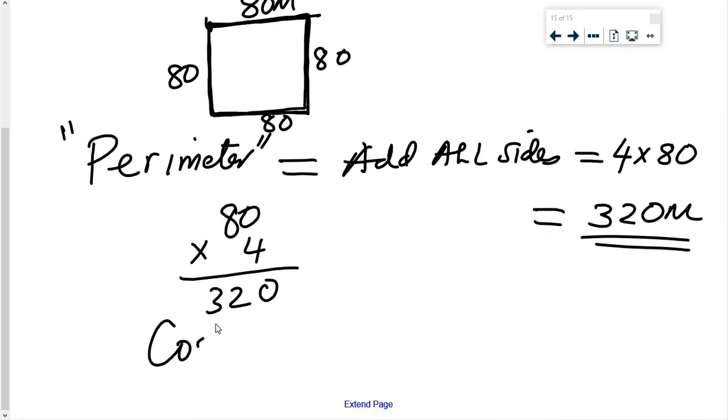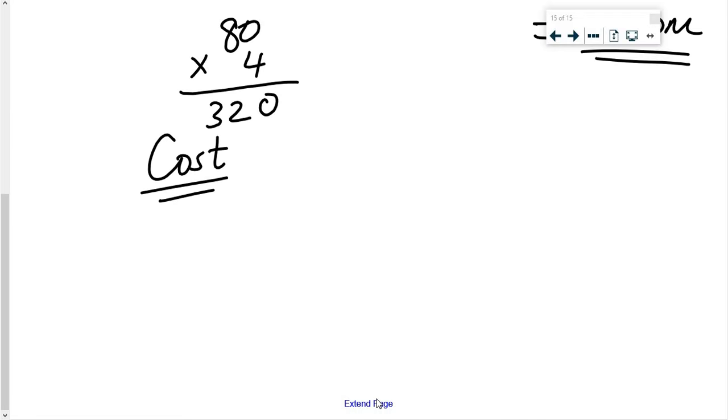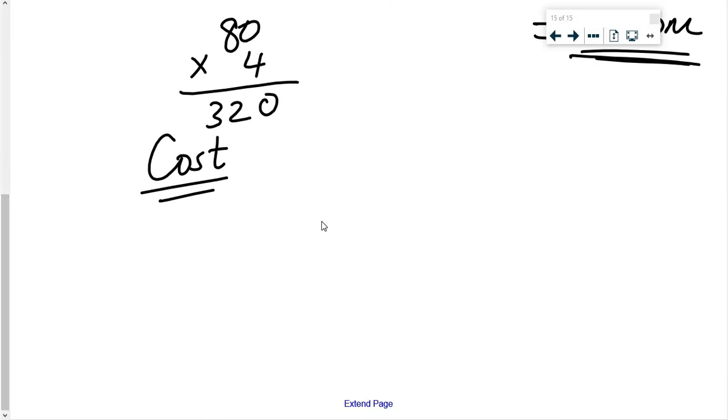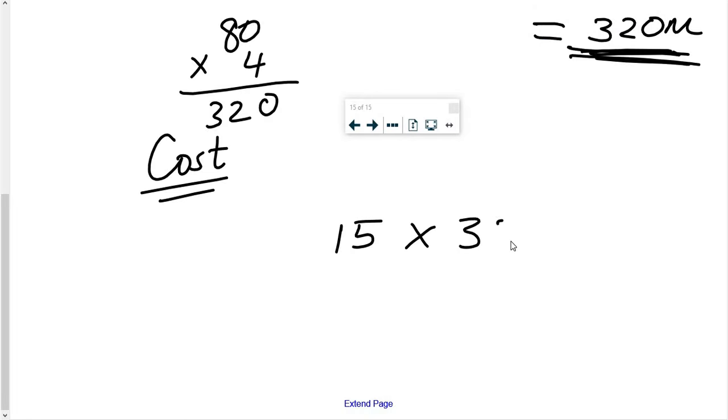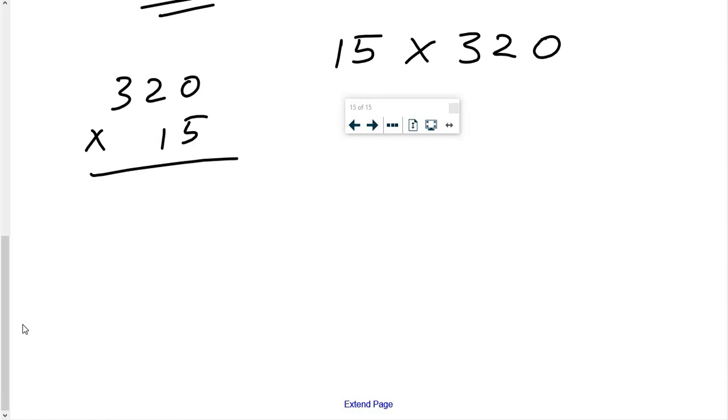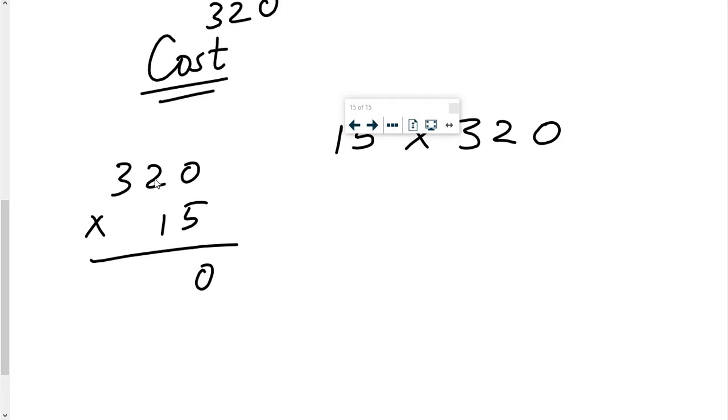Now, cost. To get the cost, we are given that 15 rupees per meter. So if it costs 15 rupees for 1 meter, how about 320 meters? Simply do 15 into 320. 320 into 15, what do you get? You will have 0, 10, carry 1, 15, 16.